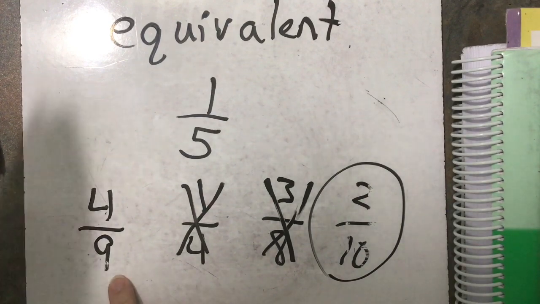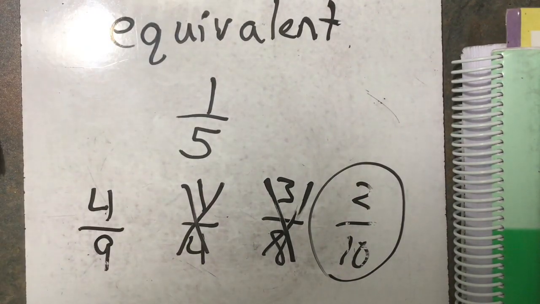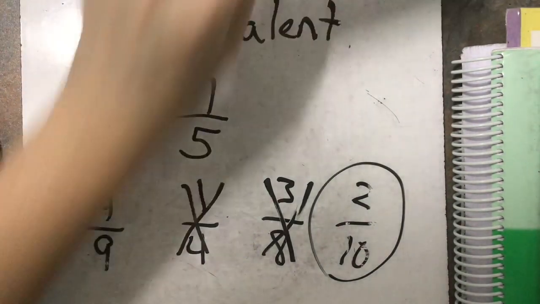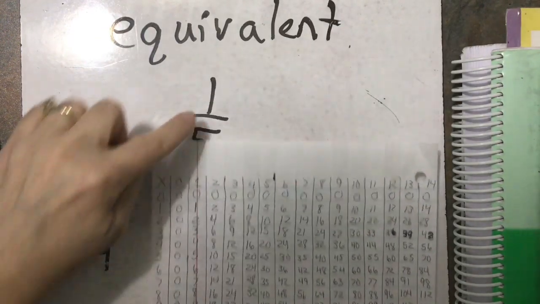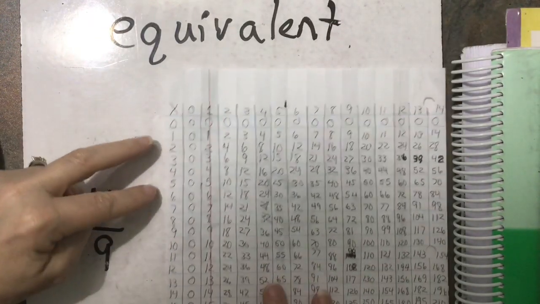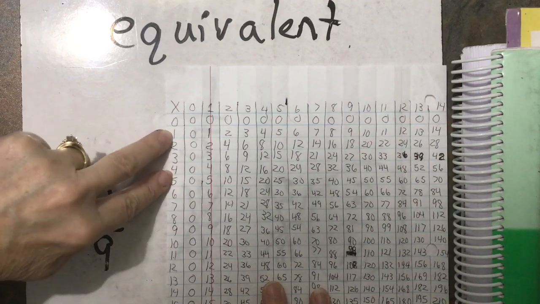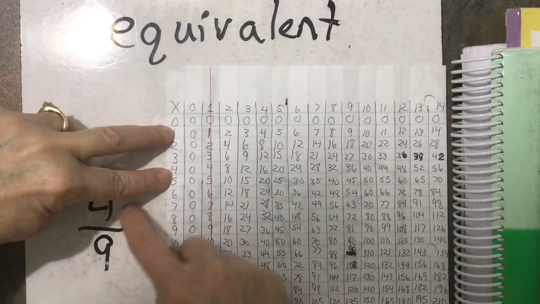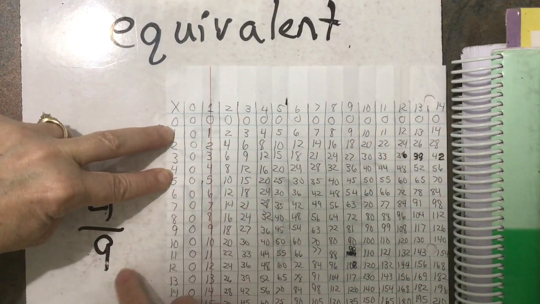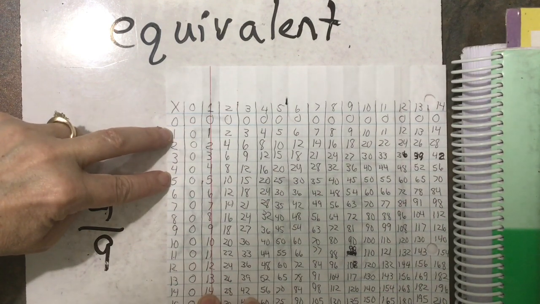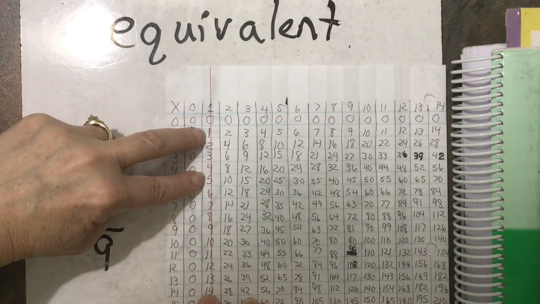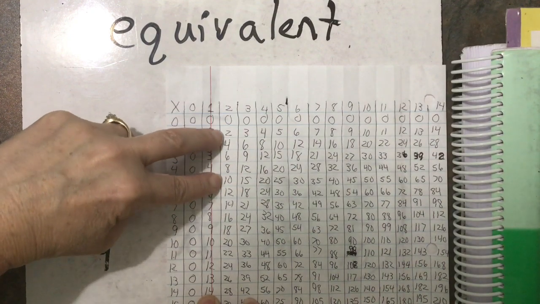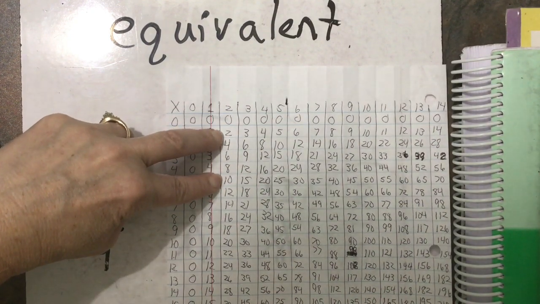Okay, now I'm going to show you how to use your multiplication chart for the other one. So we're looking up 1/5, and we're going to go on the side and look up 1/5 on the side. If I go to where the 1 becomes a 4 or the 5 becomes a 9, let's just see if that's even possible. 1/5, that's not it. But look, 2/10 is there. See?